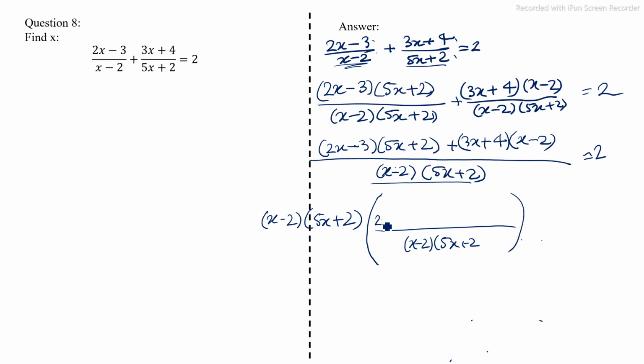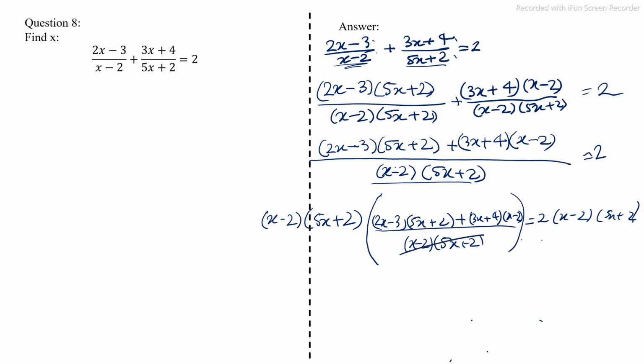Sorry, actually a bit smaller because we're taking too much space. 5x plus 2, and then plus 3x plus 4, x minus 2, and then that equals 2 times x minus 2 and 5x plus 2. Phew.